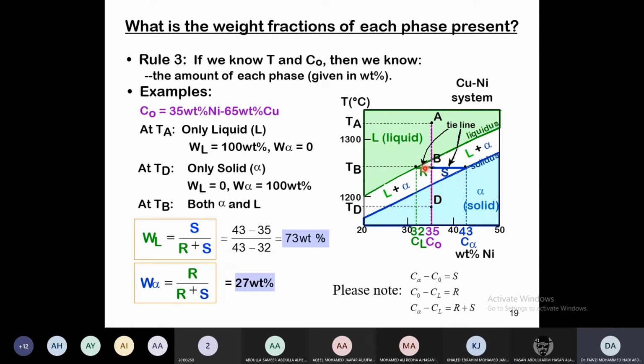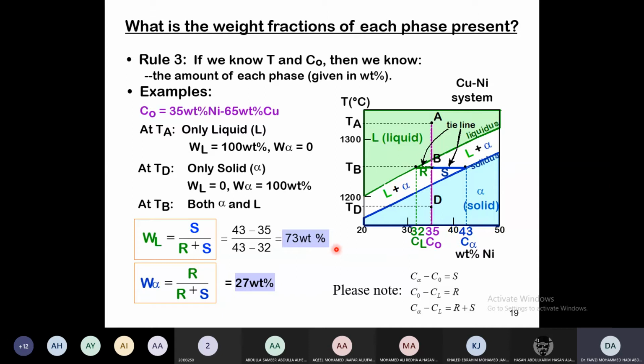And to get the total segment, S plus R, you just subtract 43 minus 32, which gives you the total segment length. So you say 43 minus 35 over 43 minus 32, and of course multiply by 100, you will get 73%. So this means the weight percentage of the liquid at temperature TB is 73% by weight.